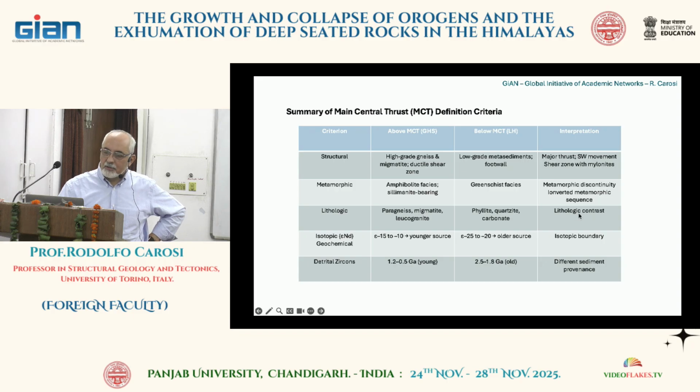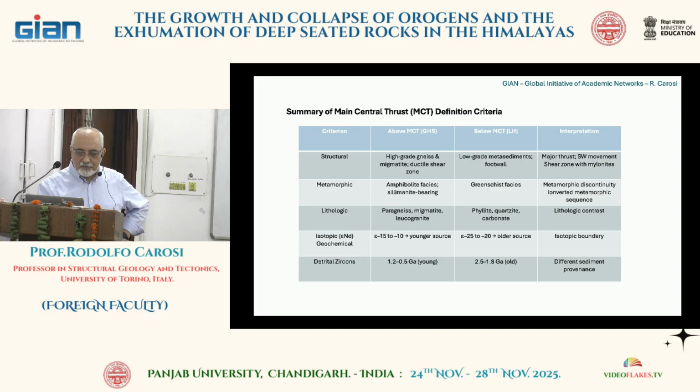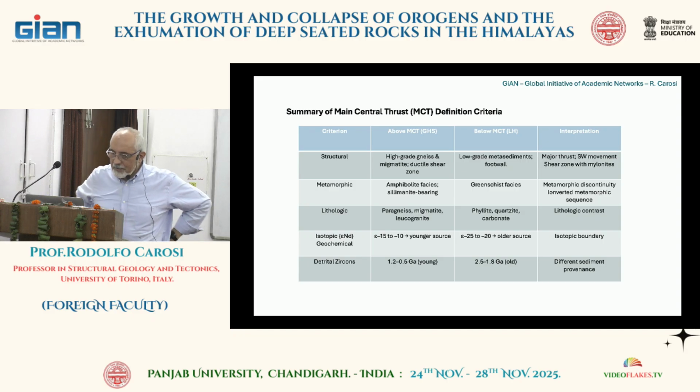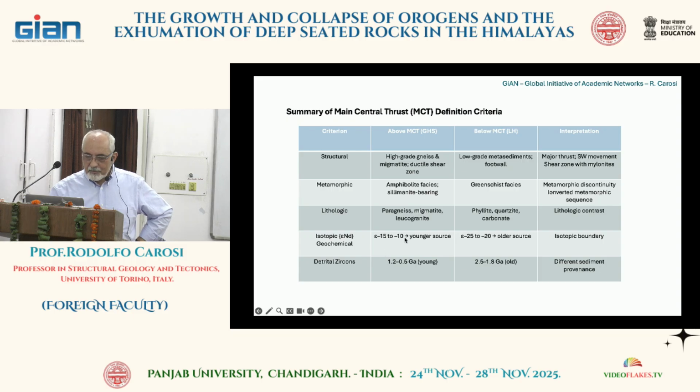So there is a lithological contrast. There is also a geochemical criteria, epsilon neodymium, because if you look at the rocks from the Greater Himalayan Sequence or from the Lesser Himalayan Sequence, epsilon neodymium points to younger sources in the Greater Himalayan Sequence.